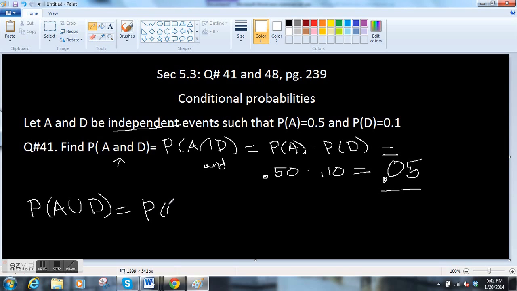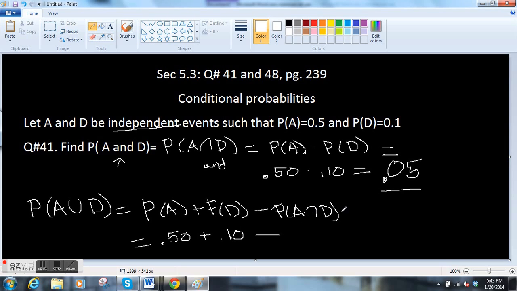This is the probability of A plus the probability of D, delta, minus the intersection, probability of A intersection D. So, if the question had asked for probability of A union D, then we take probability of A, that's 0.50, plus probability of D, that's 0.10, minus the intersection, we just found that, by multiplying them together, 0.05.